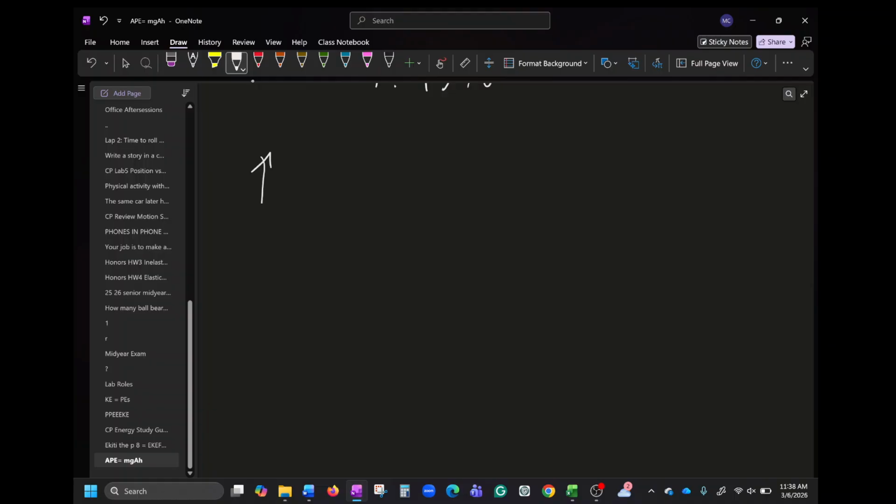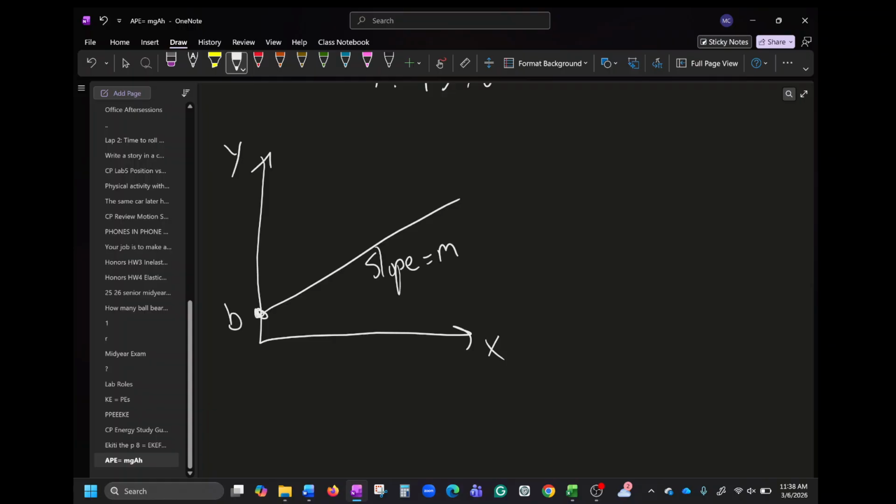If we're making a graph, we have a y and an x-axis, and the way that a line graph works is that you have your y-intercept, which is b, and then your slope, which we represent as m.